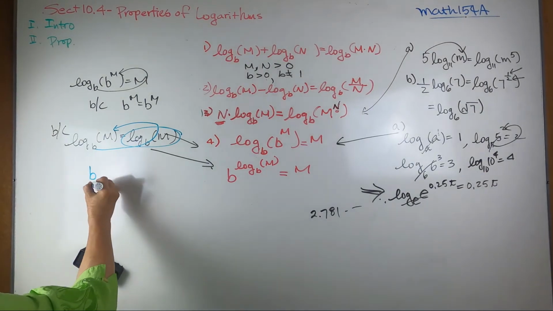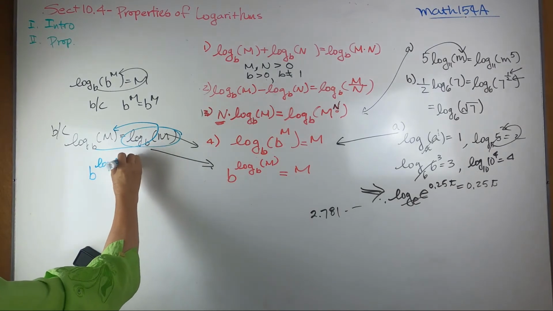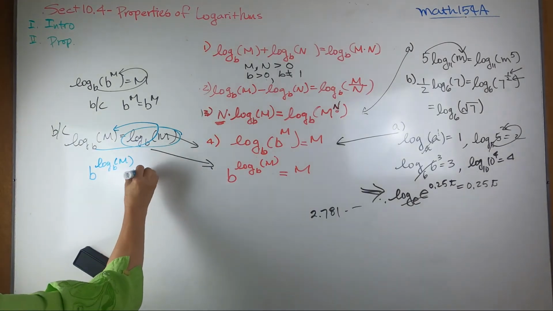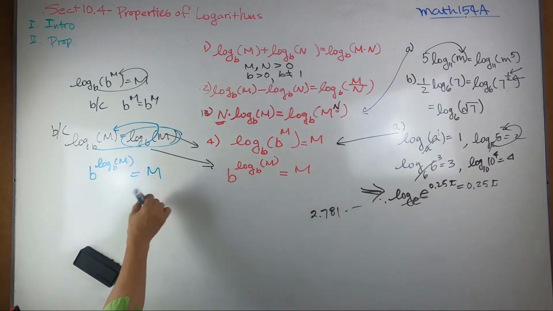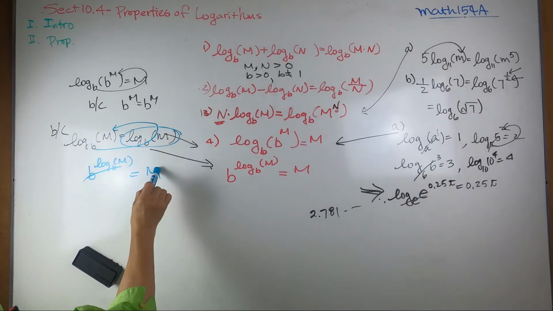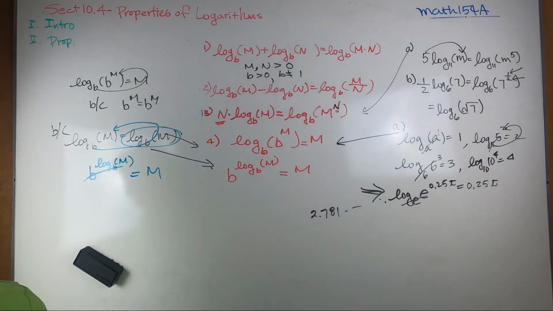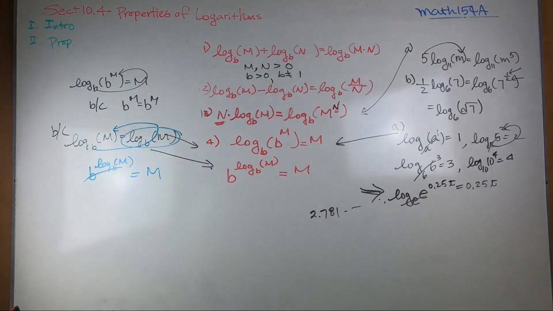So that means I have base. If I have a base, that's my log. So it should be what? Inside. That's what it means, right? So it's like you can cancel that. You end up with the n. So we call this one called inverse property. Inverse back to the original.